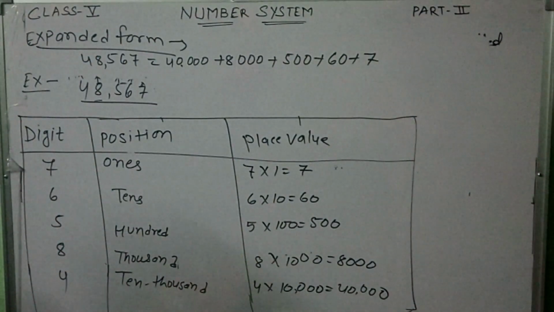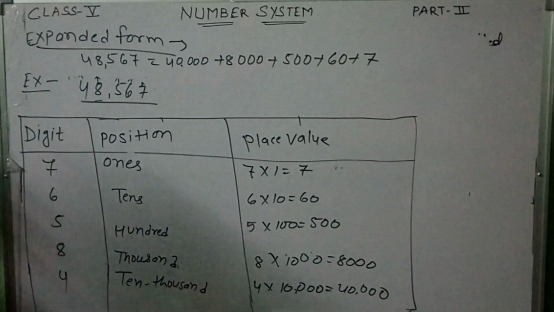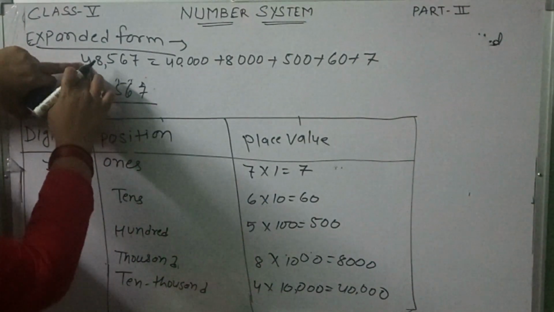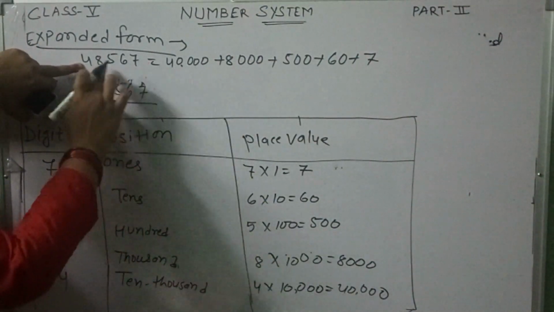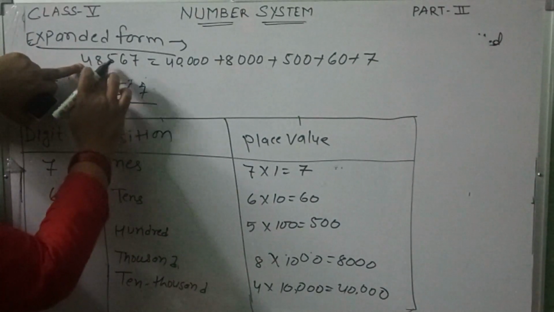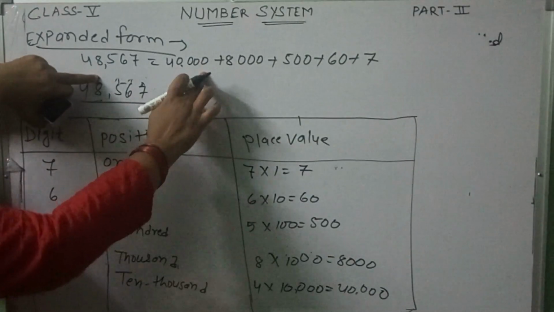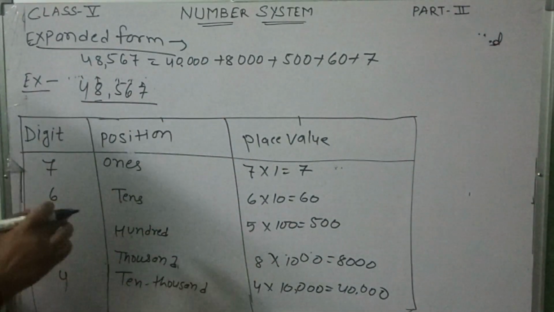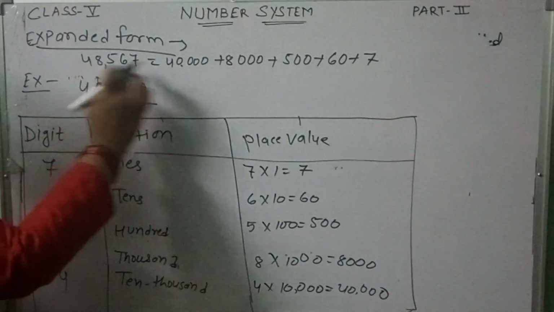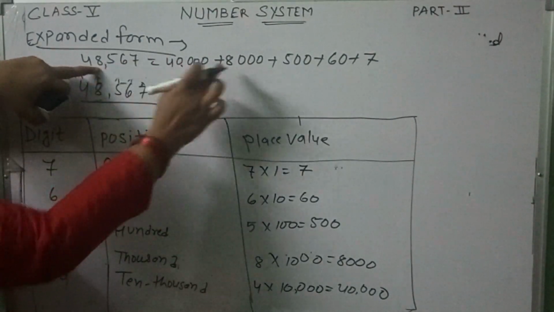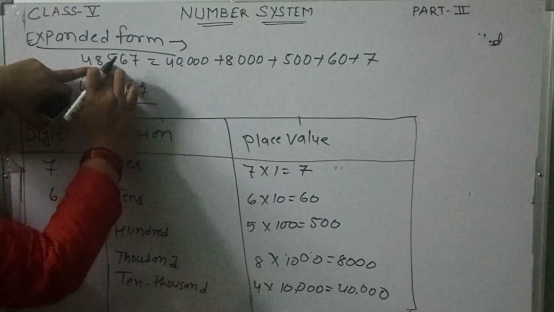In simple way, you can simply see the number 4. Right here 4, and how many digits after the 4 are there? 1, 2, 3, 4. We put 4 zeros. Then write the next number. Next number is 8. After the 8, how many digits are there? 1, 2, 3.